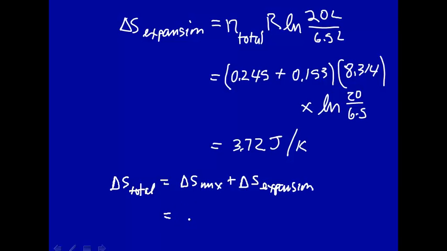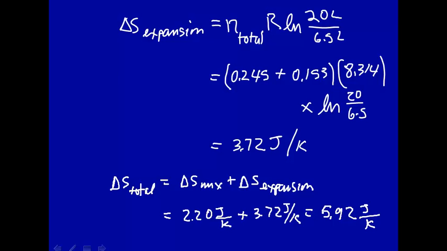The mixing we found was 2.20 joule per Kelvin, and the expansion was 3.72 joule per Kelvin. So the total comes out to be 5.92 joule per Kelvin. So that's how one calculates the entropy of mixing if you're just taking two gases and mixing them together. All right, that's the end of this part of the lecture.